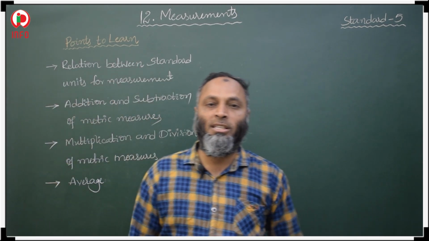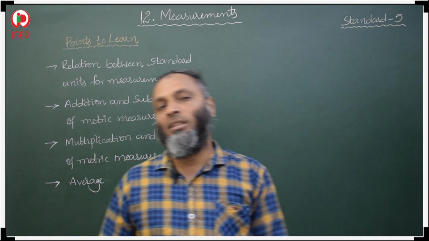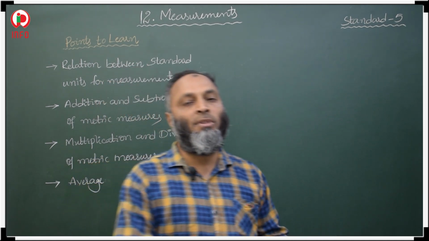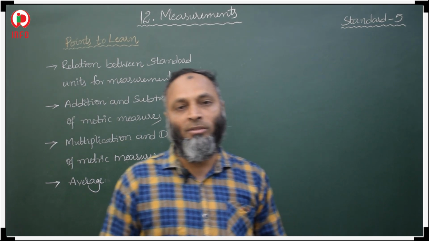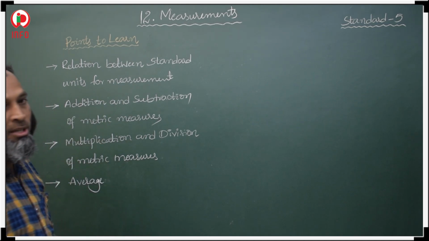What is the relation between the smaller units and bigger units? How many milliliters make a liter? How many grams make 1 kilogram? All this we are going to discuss.